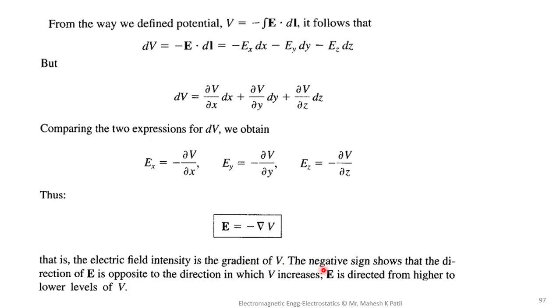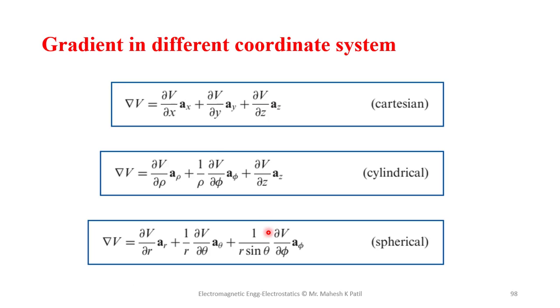The negative sign shows that the direction of electric field is opposite to the direction in which potential increases, and E is directed from higher to lower levels of potential. So this is the most important relation, E is equal to minus del V. Now we know that the gradient in different coordinate systems can be written as follows. For the Cartesian coordinate system, del V is equal to dV by dx Ax bar plus dV by dy Ay bar plus dV by dz Az bar.